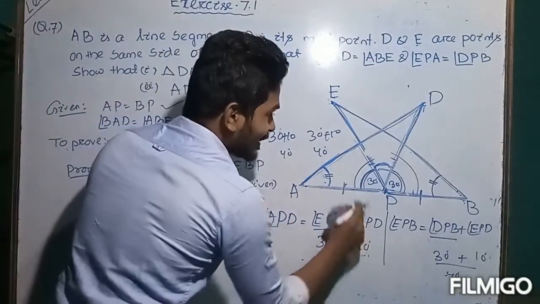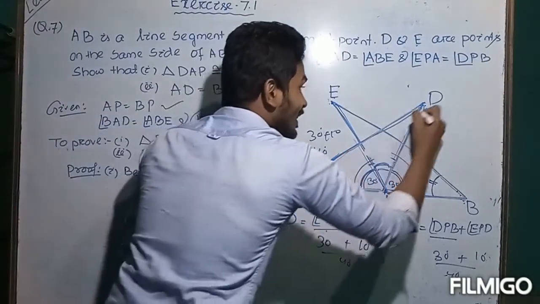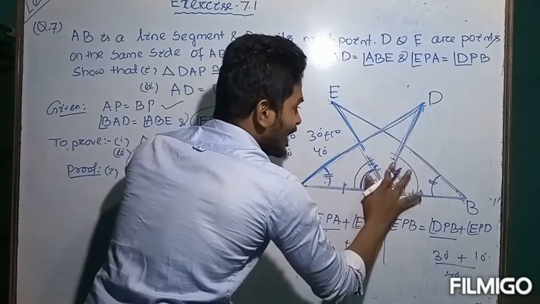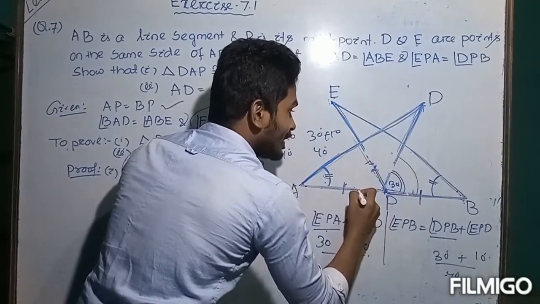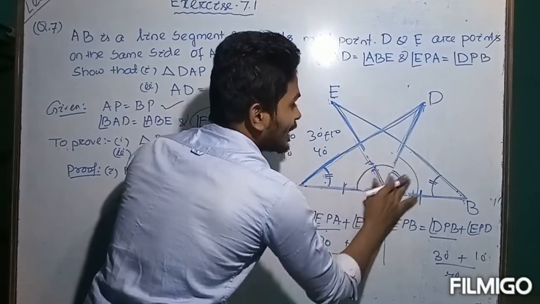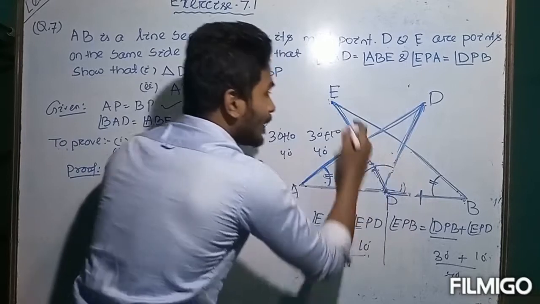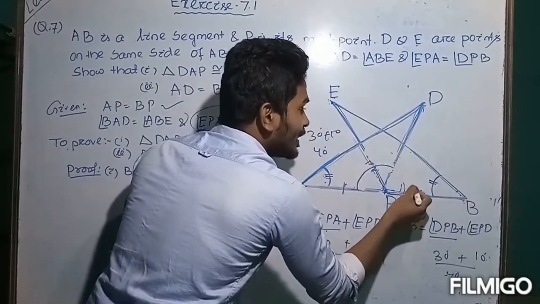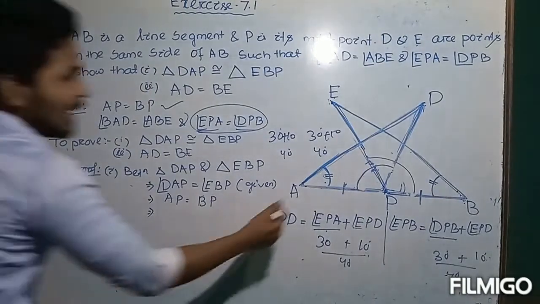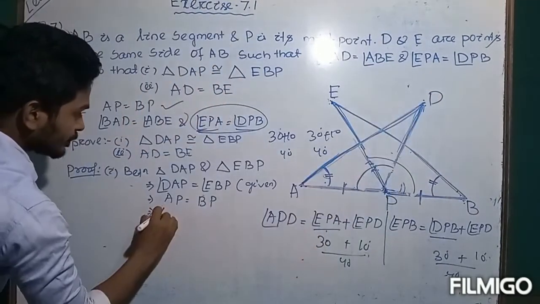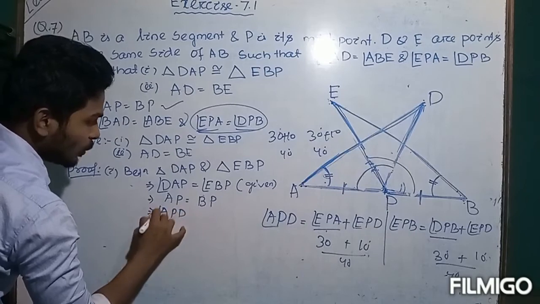So we get that for the triangle APD, for the triangle EPB, this angle is equal to this angle. So we can write APD. It is easy, don't be confused.